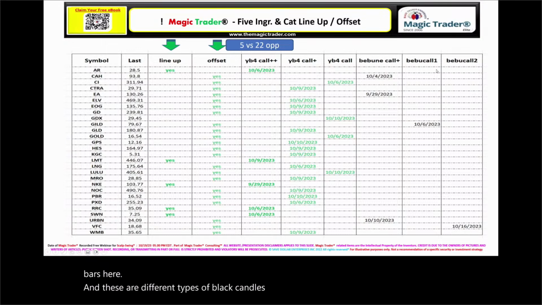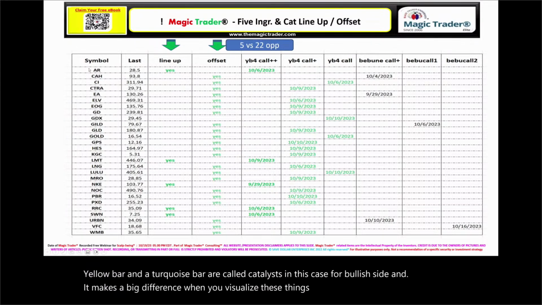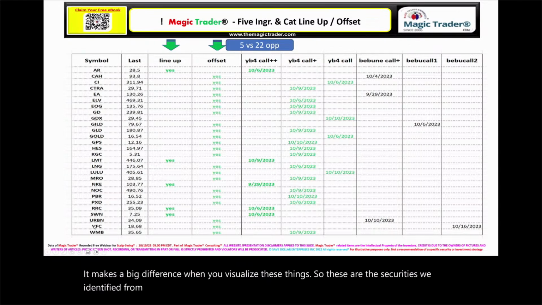So black candle, yellow bar, and turquoise bar are called catalysts in this case for the bullish side. It makes a big difference when you visualize these things. These are the securities we identified from the very same scanner you saw, and these were yesterday's last prices. That's the closest I could come.